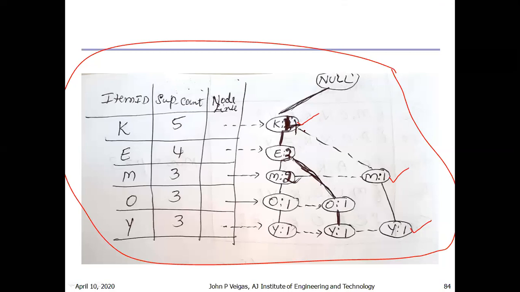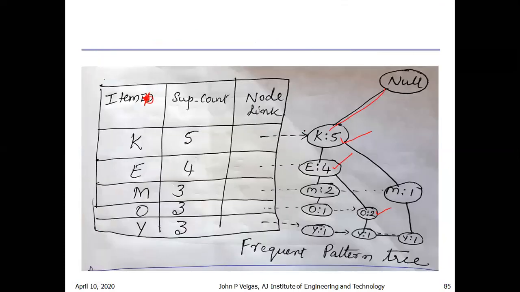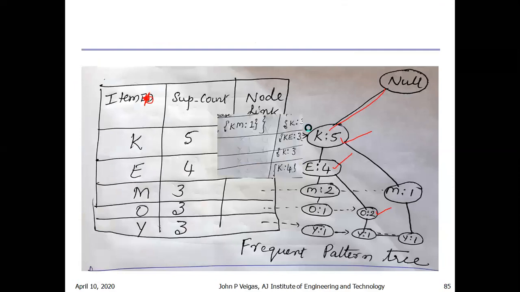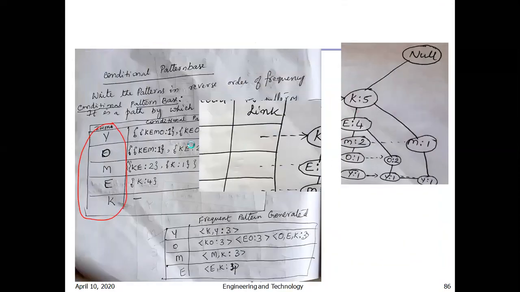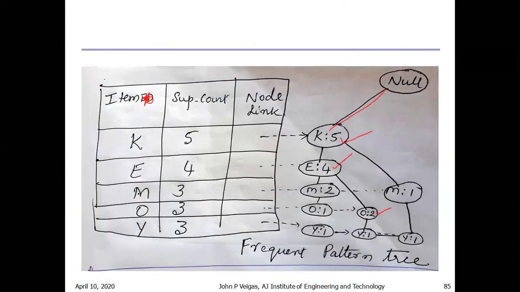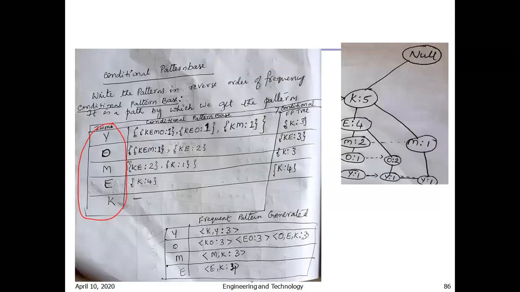Okay, done. Yes. Okay. So next, we need to write this in reverse order. K, E, M, O, Y is there, no? And we need to write Y, O, M, E, K. So in the conditional pattern base, we write in reverse order.